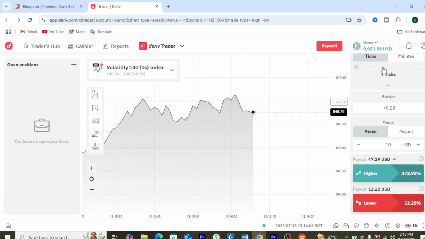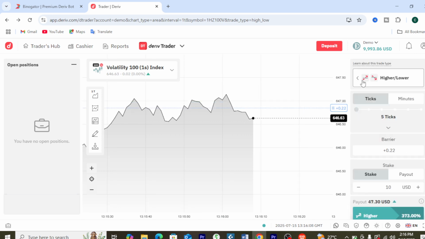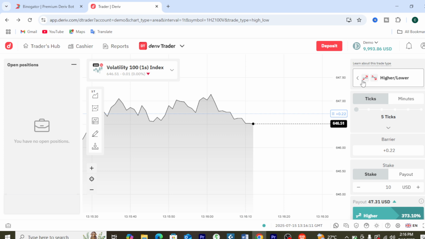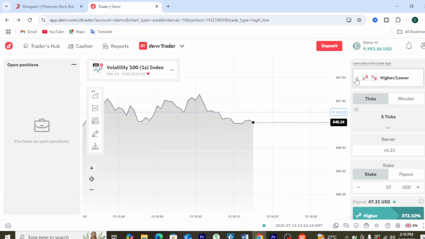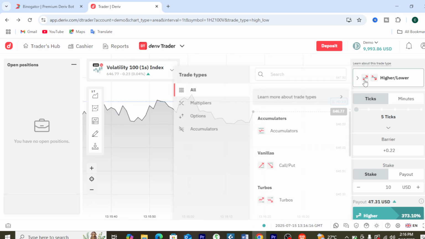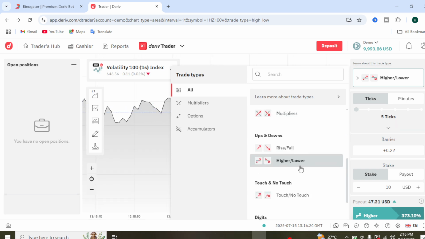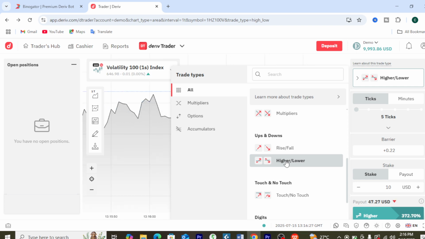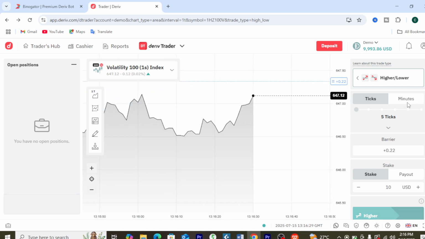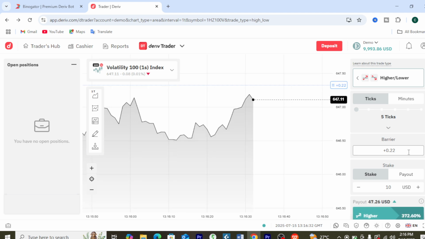So this is the Deriv interface, and we are trading the volatility 100x index market. To go to higher lower, you can simply click on this and select higher lower. You can see that it's in the same category as rise fall. So let's select higher lower, and we are selecting 5 ticks. We set the barrier to plus 0.22.